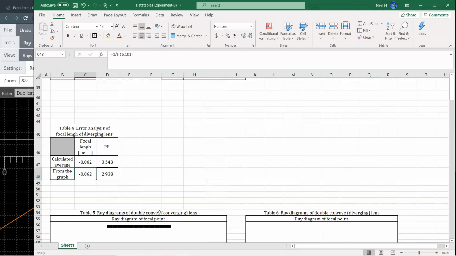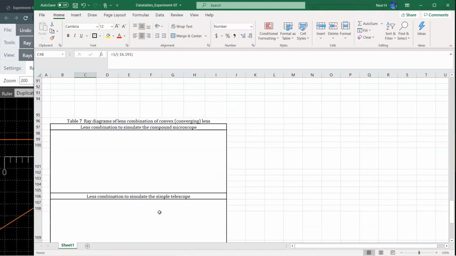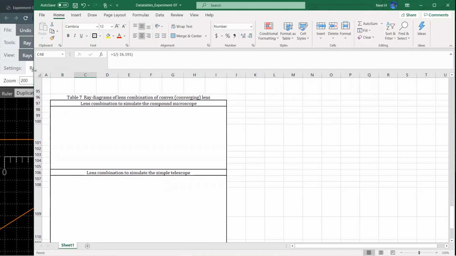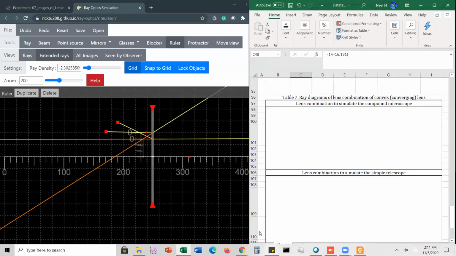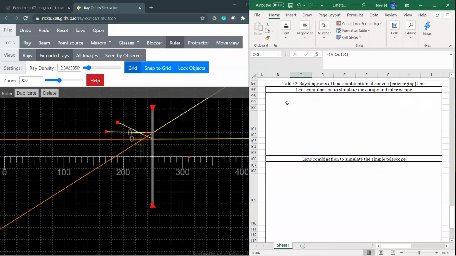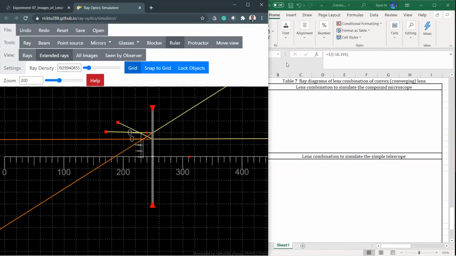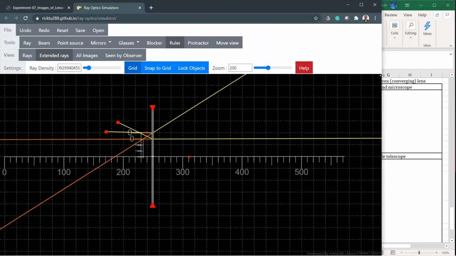Okay, so now the last part of the lab, what we're going to test out is the combination of lenses, right? A combination of lenses can be used for different applications.